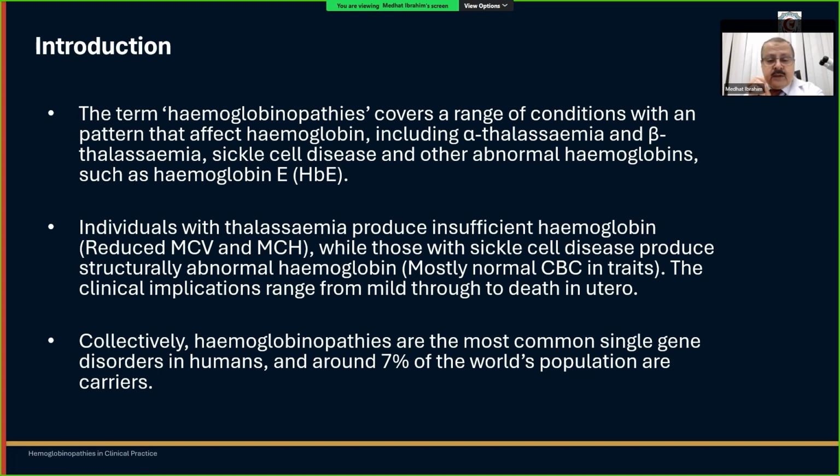While in the thalassemia, there is a real deficiency. So in that case, we have a reduced MCV and MCH. It's similar to iron deficiency, but iron is the deficiency in the heme part, while thalassemia is the deficiency in the globin part.